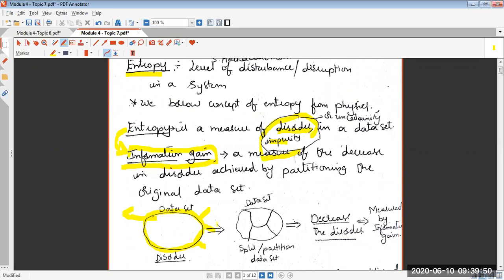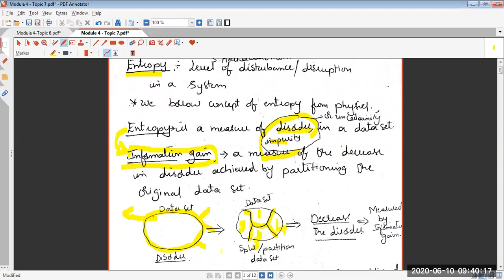So now I will partition this data. You can see I've divided this data in such a way that it is simple for me to identify the class to which the data belongs. For example, I have divided this data into maybe 4 parts: 1, 2, 3, and 4.